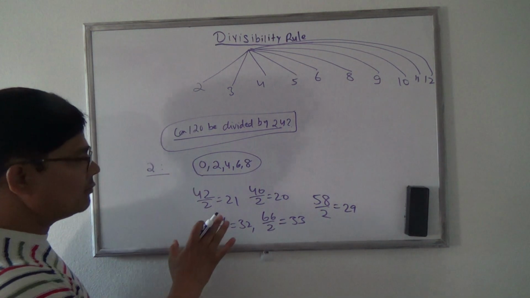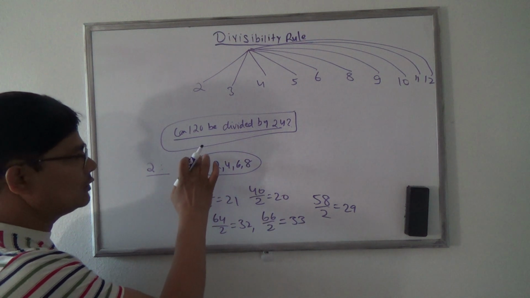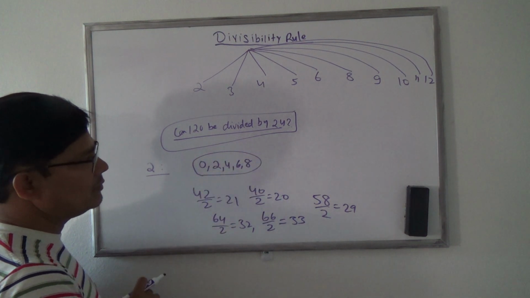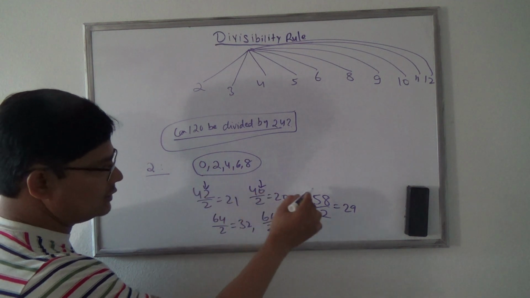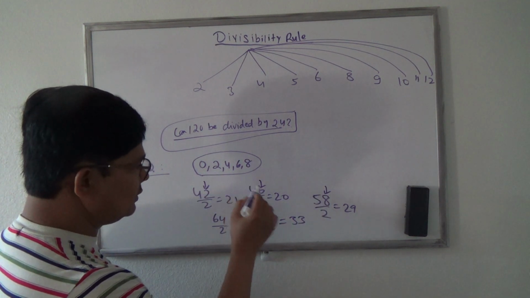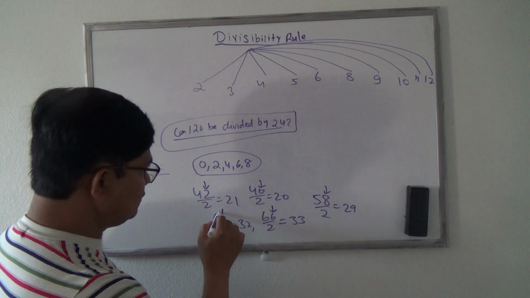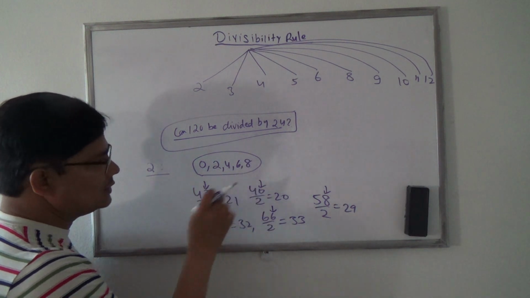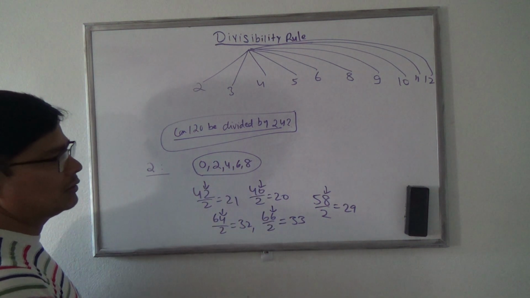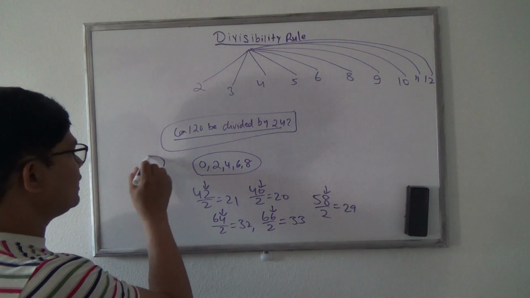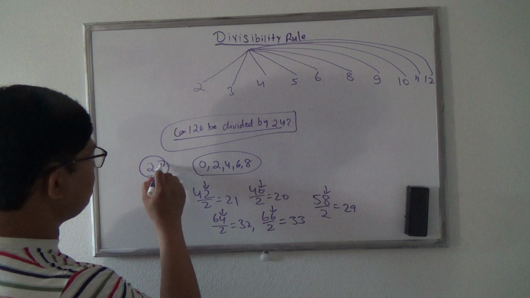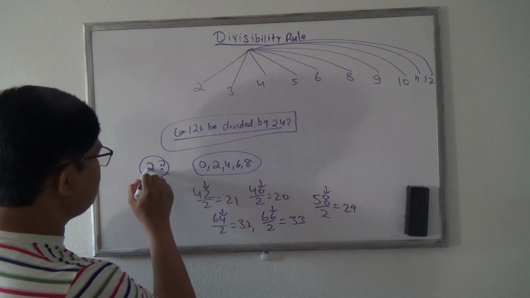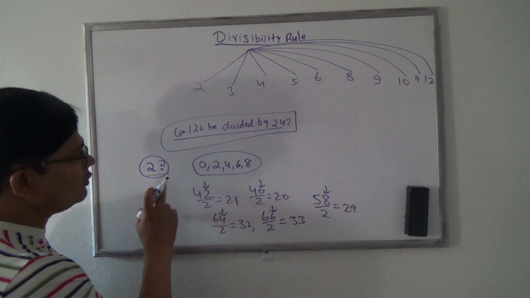So any number that has one of these 5 digits at the unit place, you are sure that number can be divided by 2. This is the rule to check if a number can be divided by 2 or not.